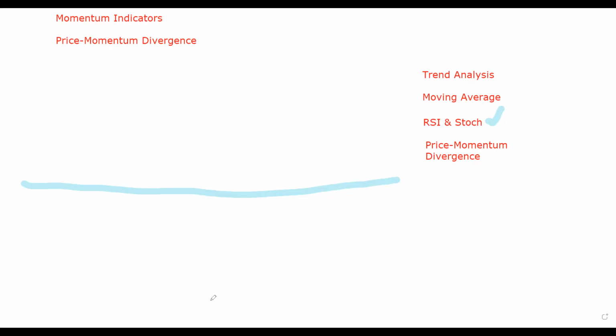So that means they are not on the same page. They don't use the same chart scale, just like the moving average and the price. The moving average is plotted in the price window, but the momentum indicators have their own window separately.